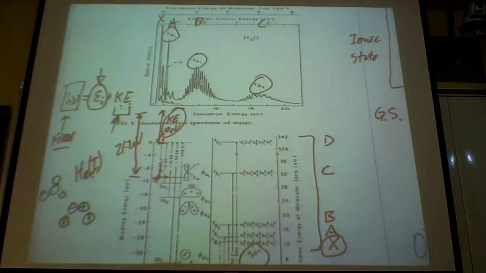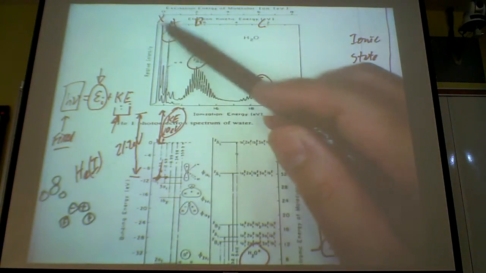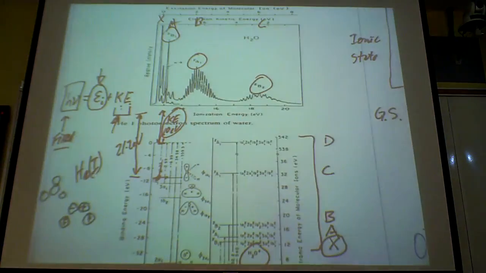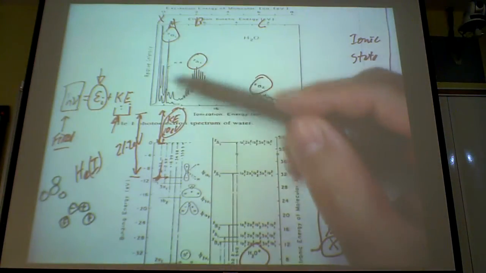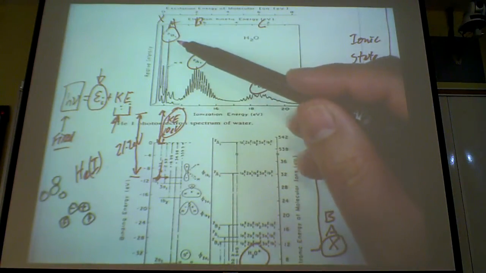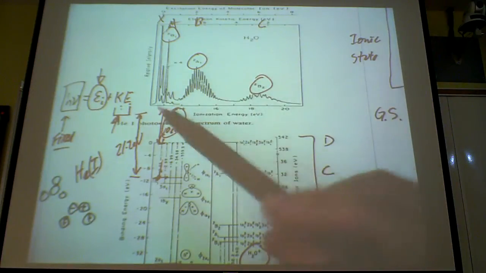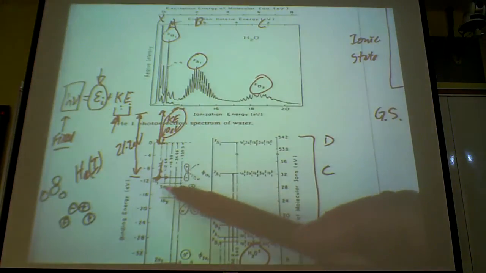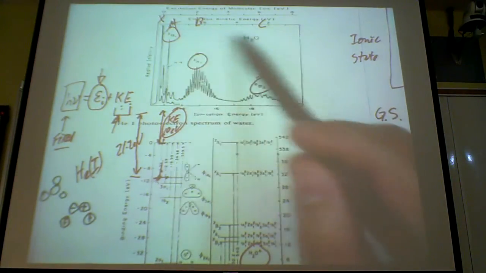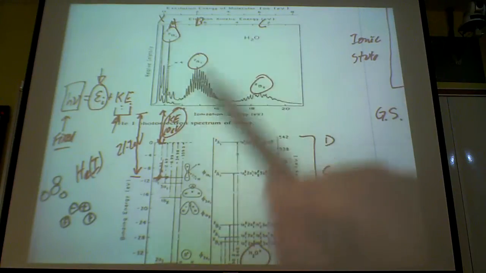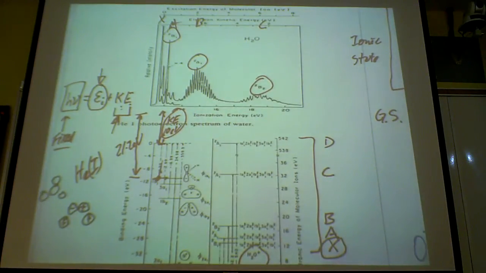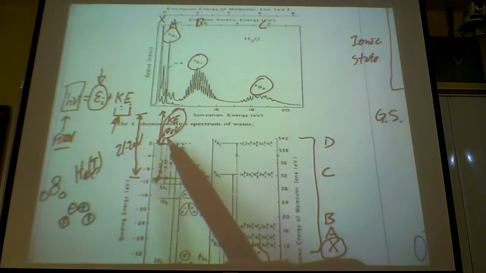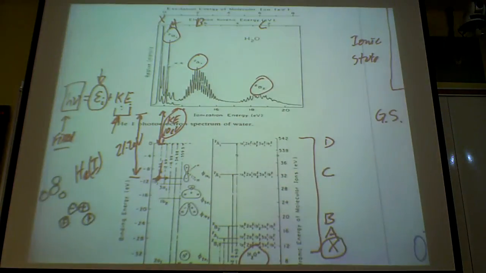Okay, so this is called the X state, the ground ionic state. The A state corresponds to the excited ionic state, and you can see it's higher in binding energy because this orbital lies deeper in the molecular field, and it has correspondingly lower kinetic energy because it needs more energy to overcome this binding energy, and then whatever is left behind is carried out as kinetic energy.